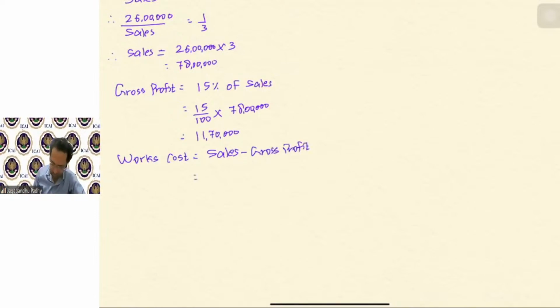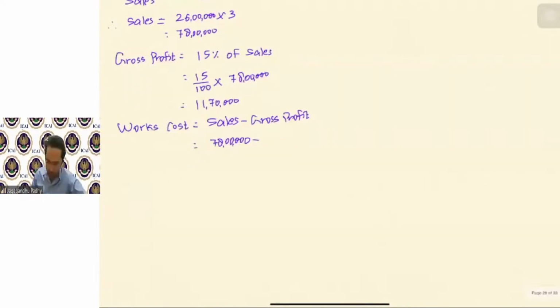Sales less gross profit, which is 78 lakh minus gross profit of 11 lakh 70,000. 78 lakh minus 11 lakh 70,000 is 66 lakh 30,000. Works cost is 66 lakh 30,000.